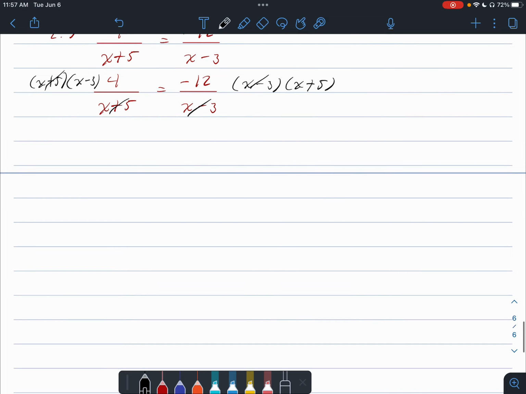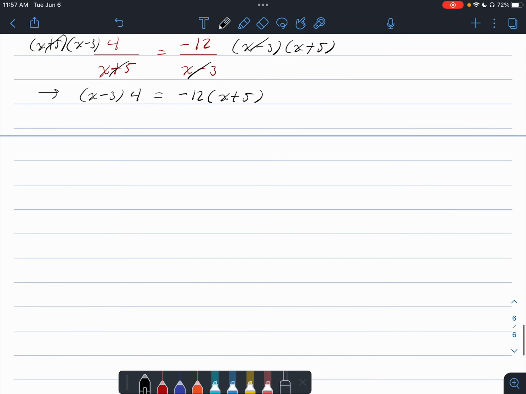So now what we're left with is x minus 3 times 4 is equal to negative 12 times x plus 5. So what we can do now is distribute this 4 and this negative 12.